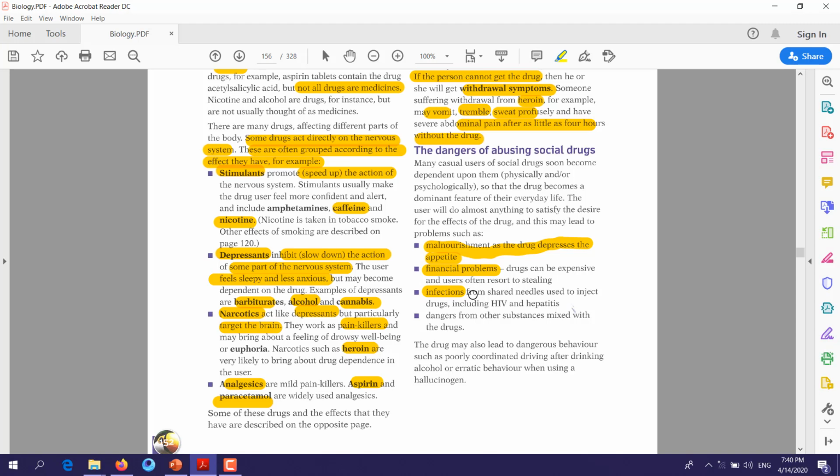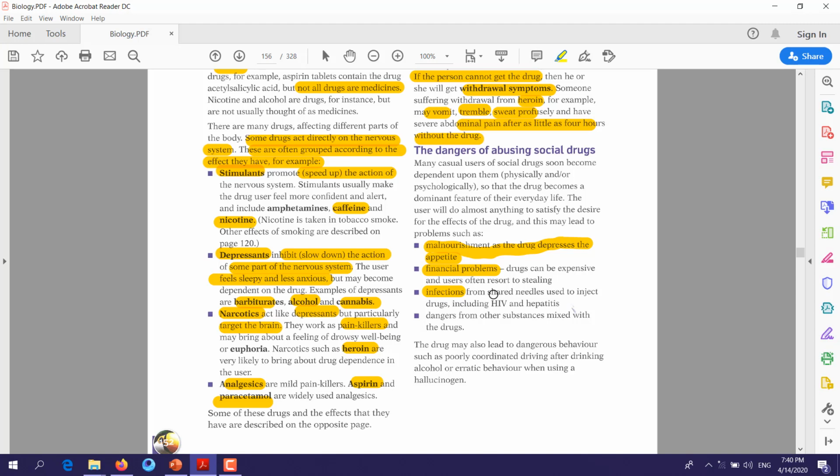What do we mean by it? As you know, some drugs are taken by injecting, by using needles. Maybe two or three people will share the same needle. If any one of these people has any kind of disease, what will happen? This disease will transfer to another person.